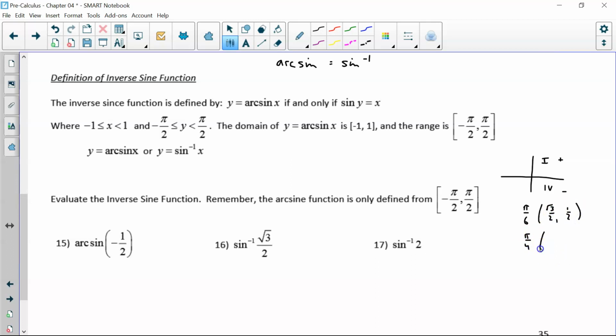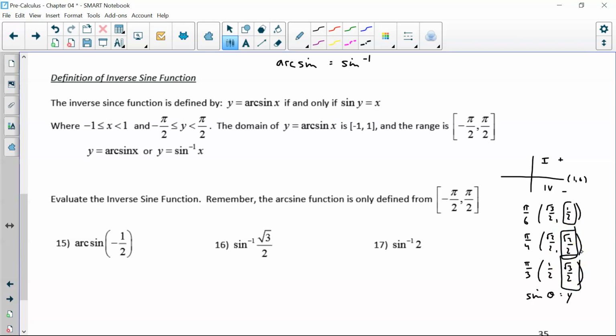Pi over 4, we're at root 2 over 2, root 2 over 2. And pi over 3, we're at 1/2, root 3 over 2. We also have this point here, which is at 1, 0. Now, our sine value is our y coordinates. So we're looking at the y coordinates here. That's what we're going to be concerning ourselves with.